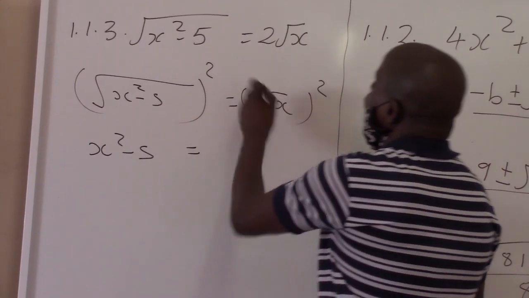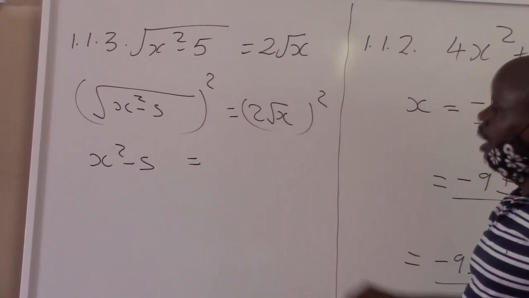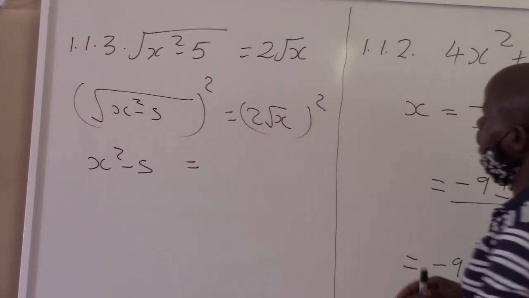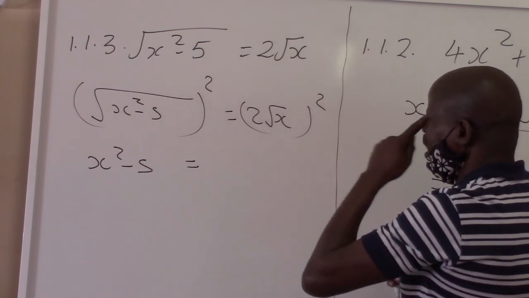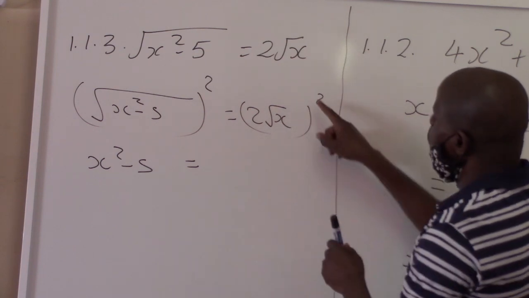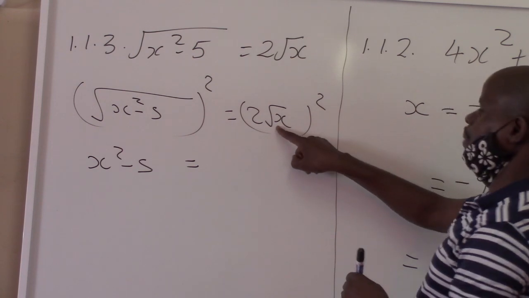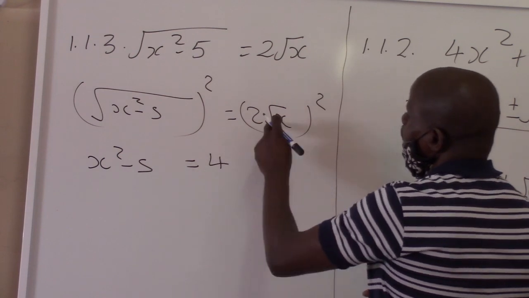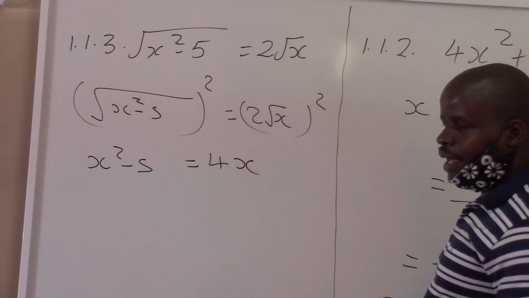And in this one, the square root of x squared will be x, but we have the coefficient there, which is 2. According to the laws of exponents, for any base with the power outside the bracket, that power goes to the bases within the bracket. So the 2 will take the square, and the square root of x will also take the square. Here is 2 to the power 2, which is 4, and the square root of x to the power 2 is x. So that is what we have there.